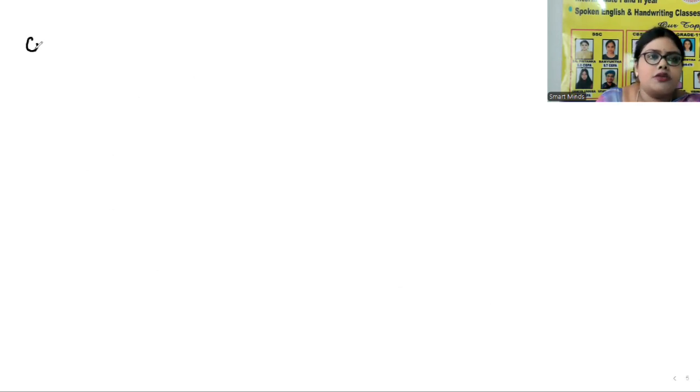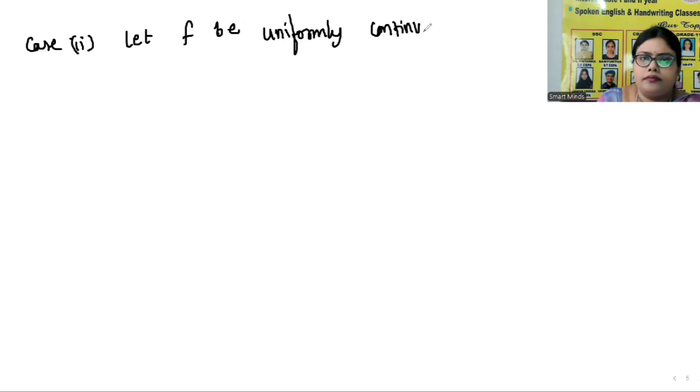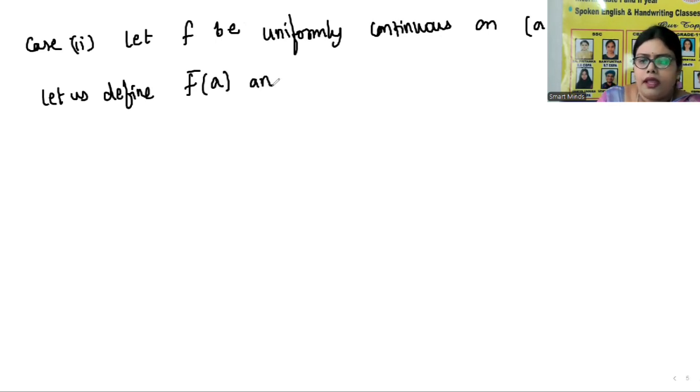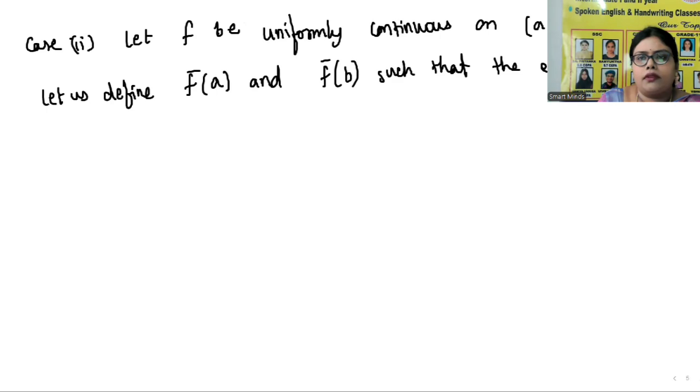Now let us take case 2. What is case 2? Let f be uniformly continuous on open interval (a, b). So let us define f bar of a and f bar of b such that the extended function will be continuous.